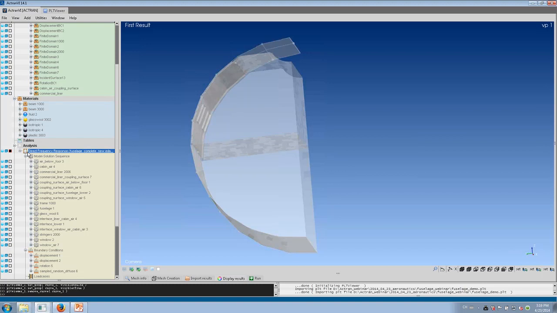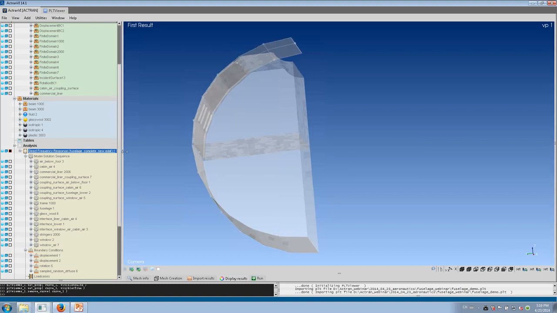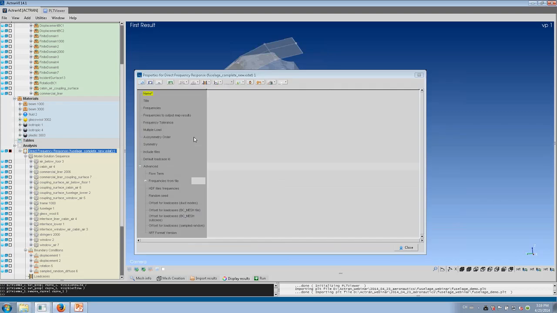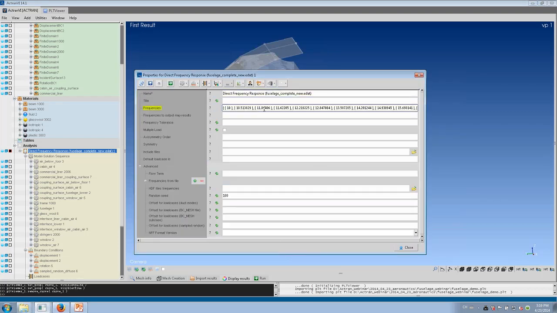So here we are building a direct frequency response analysis, meaning that all the components, the cavity, the fuselage, the acoustic treatment, are all in physical coordinates and there's no modal reduction in it. We define a logarithmic scale of the frequencies from 10 Hertz to 1,500 Hertz.